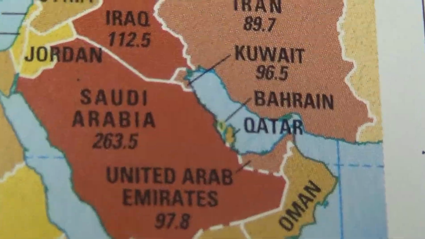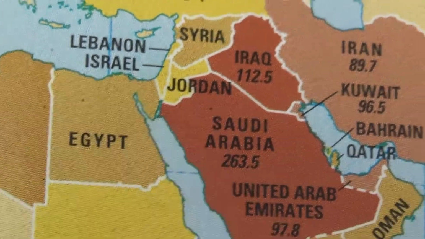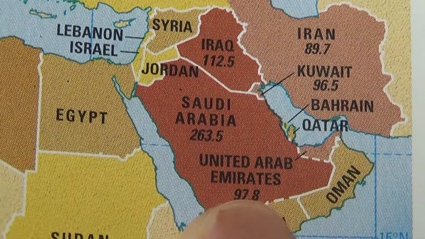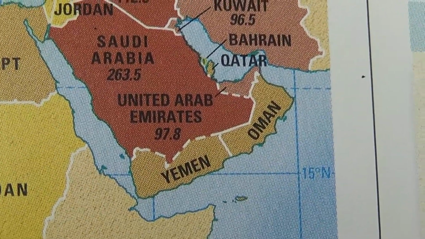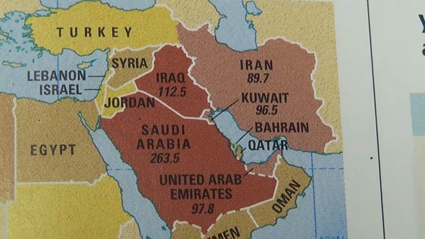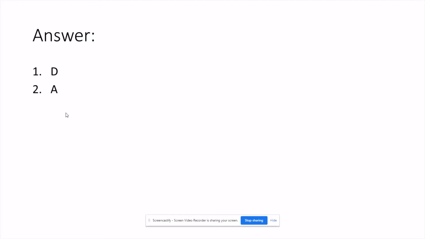It also is a light pink color, located right here. And it says that it only has 97.8, so that's going to be less than that 98 billion barrels. So again, your answer is Iraq with 112.5 billion barrels of crude oil reserves. Answer 1 is D. Answer 2 is A.